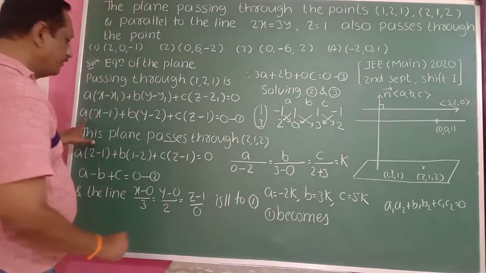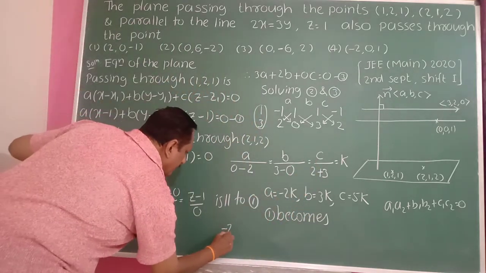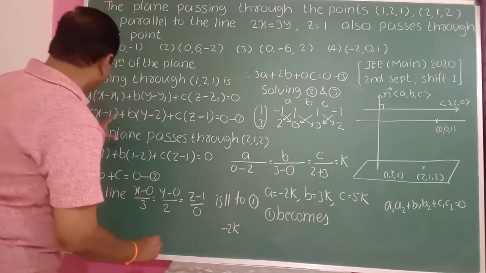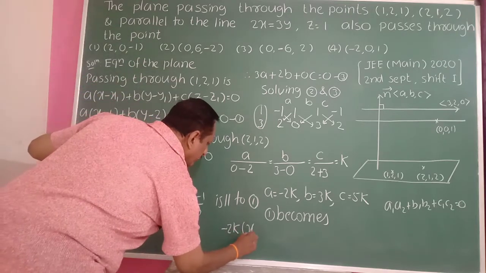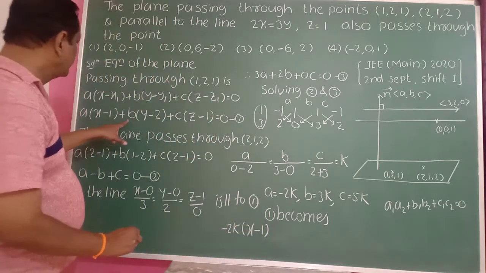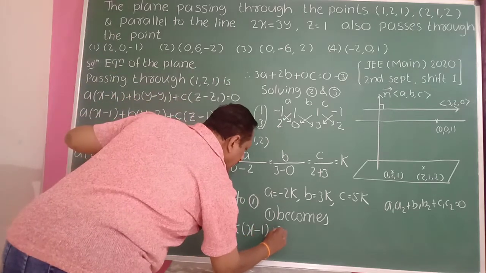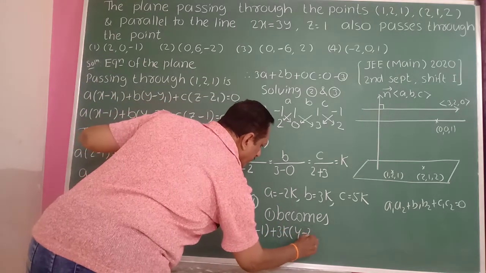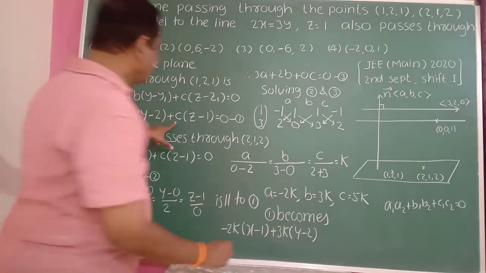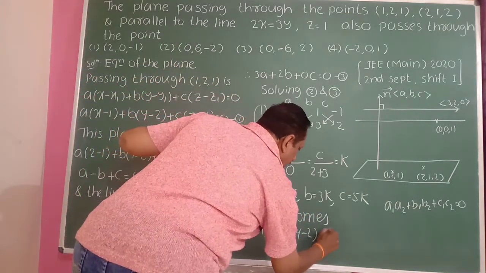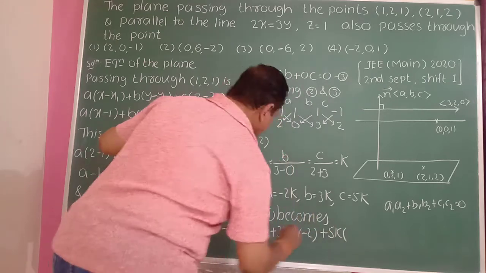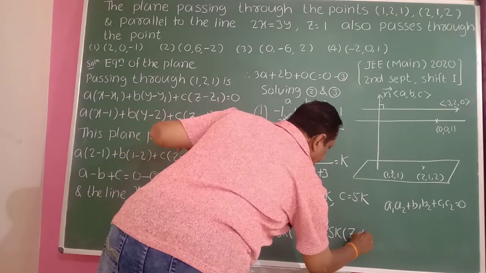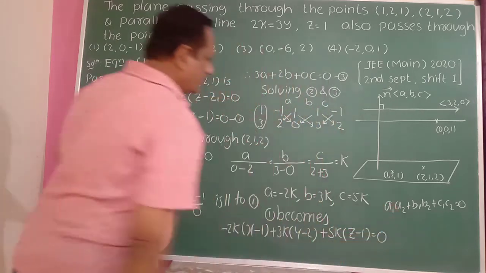Equation 1 becomes minus 2K into (x minus 1) plus 3K into (y minus 2) plus 5K into (z minus 1) is equal to 0.